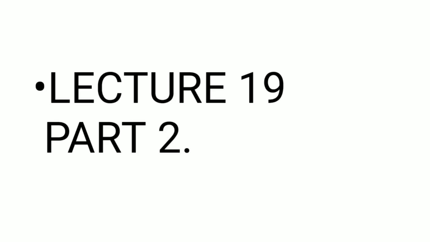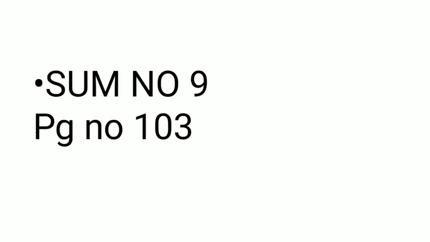We have solved illustration 8 from 1st to 12th of July, if I'm not wrong. And further, we are going to finish today. And then we'll proceed with sum number 9, which is given on page number 103.